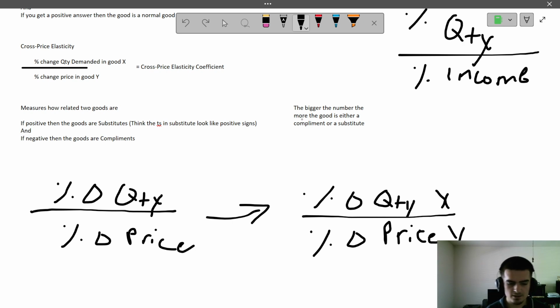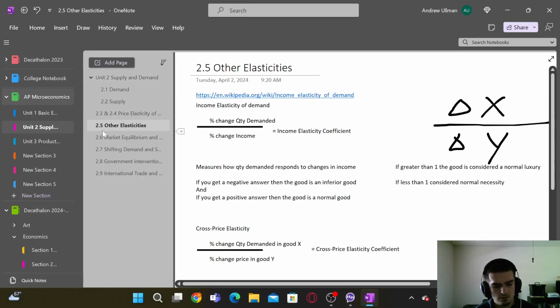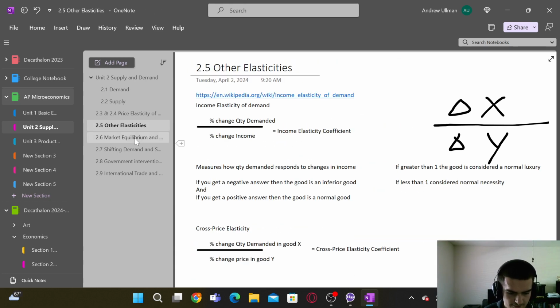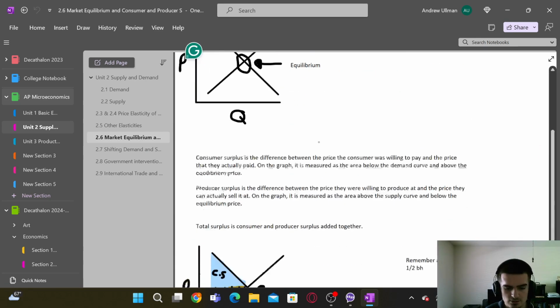Big positive number, then they're very close substitutes. Little positive number, not very close substitutes, but they're still substitutes sometimes. So that's it.